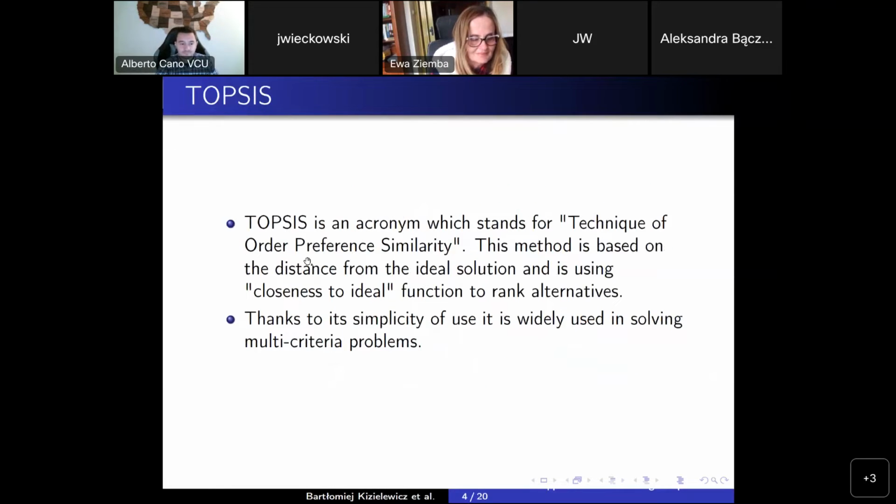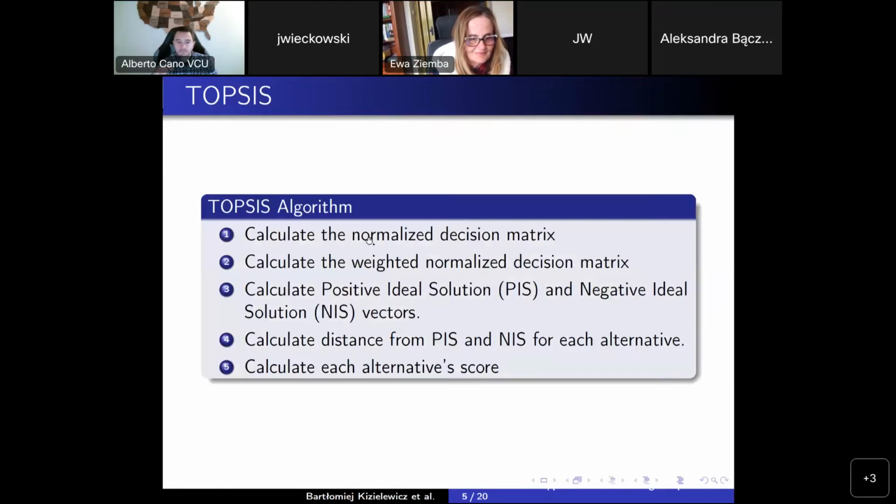And something about the used methods. TOPSIS stands for Technique of Order Preference Similarity, and it is one of the most popular methods from the group of MCDA methods, and it uses the closeness to ideal solution. Main steps can be determined as follows.